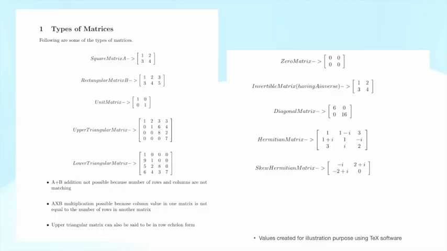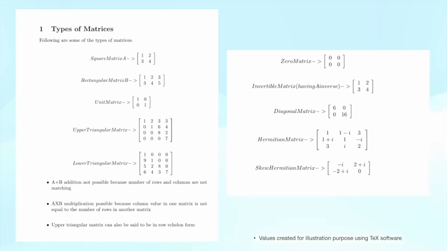Next, these are the types of matrices. Various kinds of matrices are there. In simple terms, real matrices and complex matrices, as I saw previously. In detail, there is a square matrix and a rectangular matrix. A square matrix is one where the number of rows is equal to the number of columns.